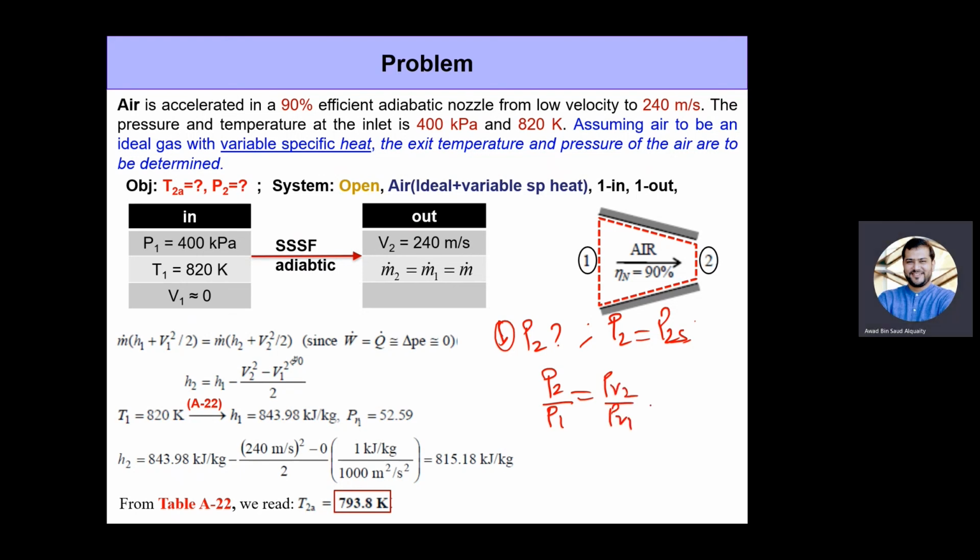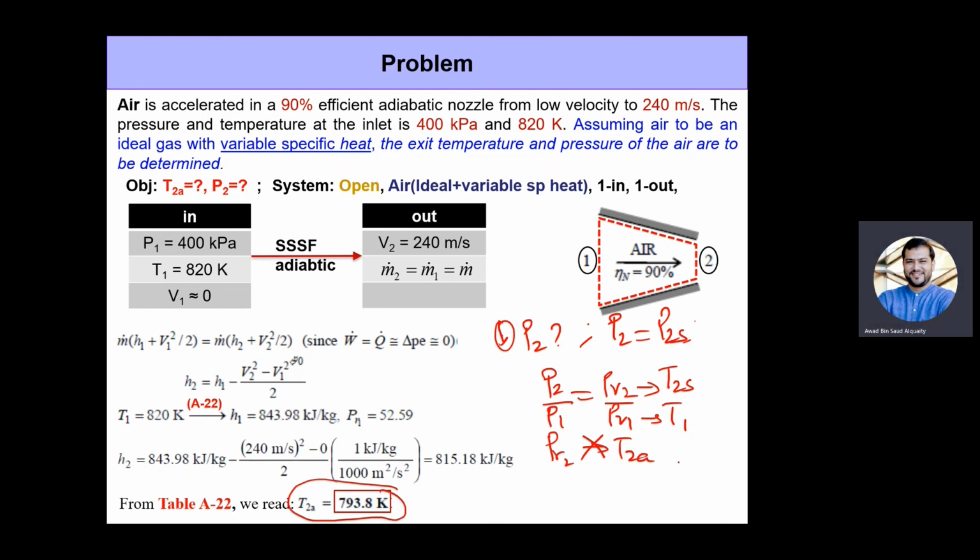But we got to remember that these temperatures right here, these are the temperatures that correspond to an isentropic process. PR1 would certainly depend on T1, but PR2 depends on T2S. PR2 does not depend on T2A, and what we have here is T2A.